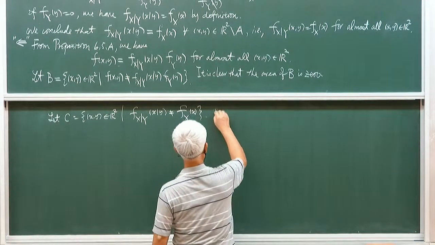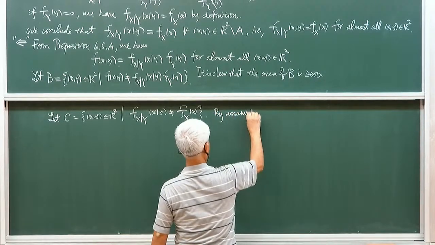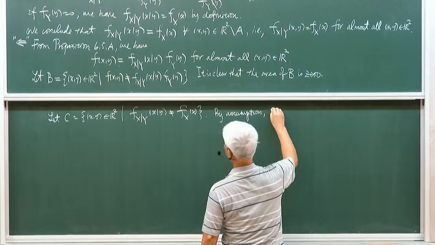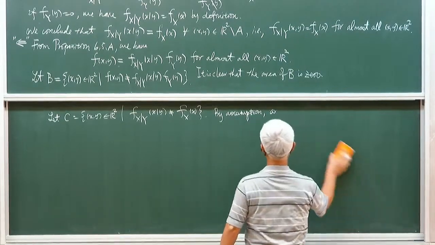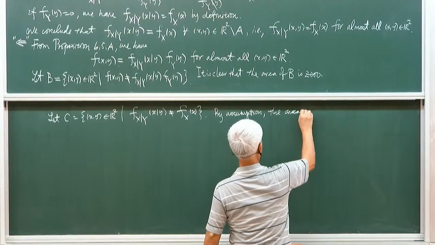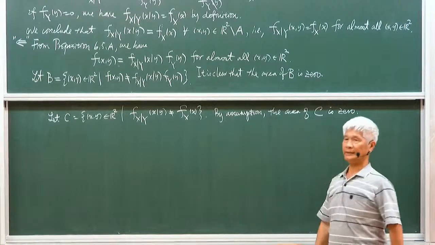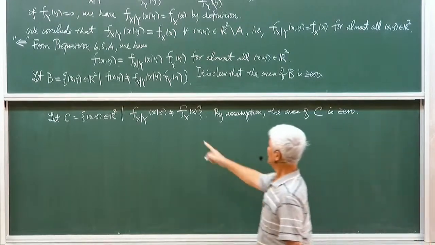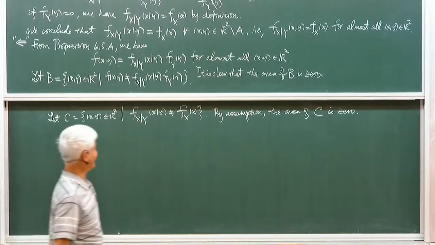And then by assumption, the area of C is 0. Okay, it's 0 because the equality holds for almost all points in the real plane.